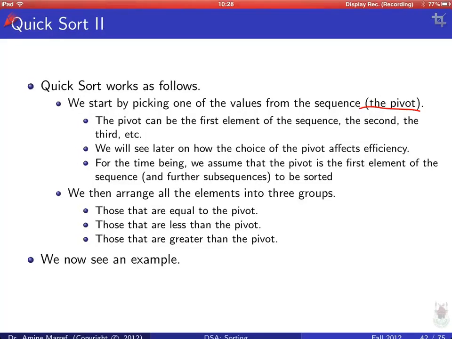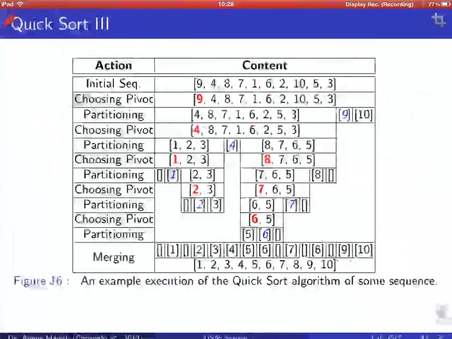Okay. So all we have to do after we reach subsequences of size 1 or 0 is to merge. It's just to merge these values. And as you can see, they are already in a sorted fashion.